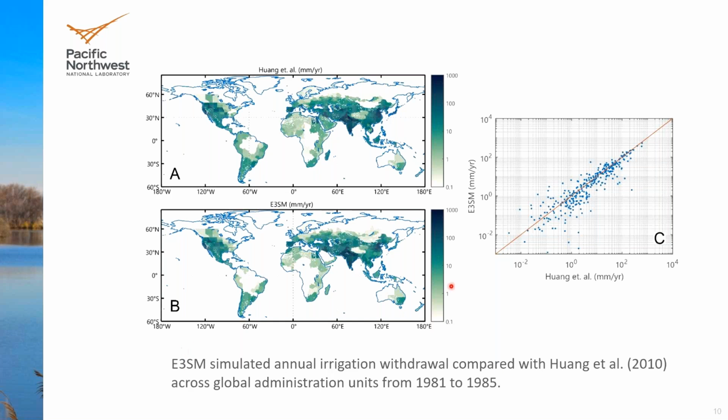Here we have a comparison: the upper panel is the result from other simulations using the one-way coupled simulation, calibrated to the observations, and the lower one is our simulation after the calibration. These are compared at the country level, because these statistics are provided by the country, or state in the US, or province in China and Canada. Here is a scatter plot showing that.